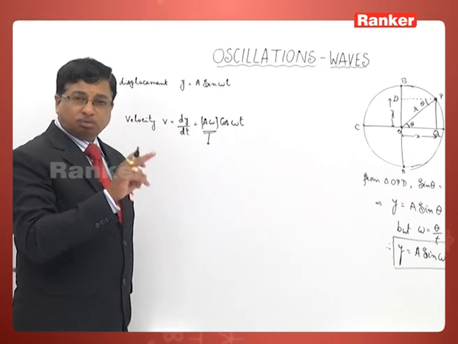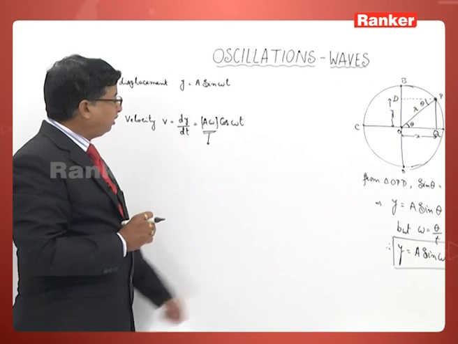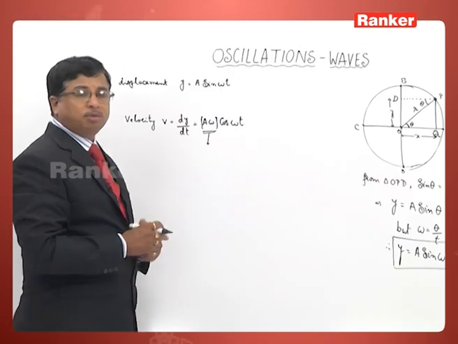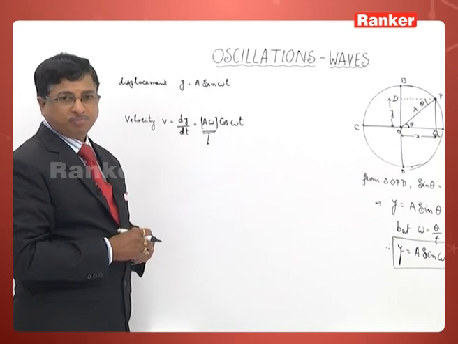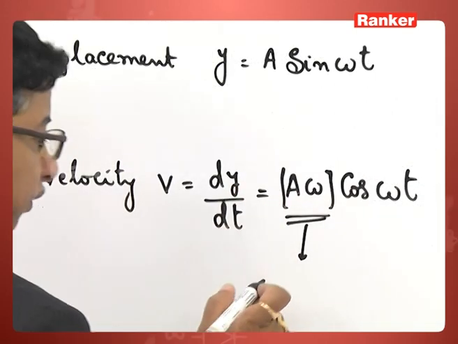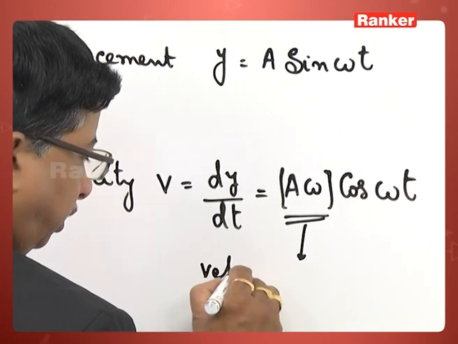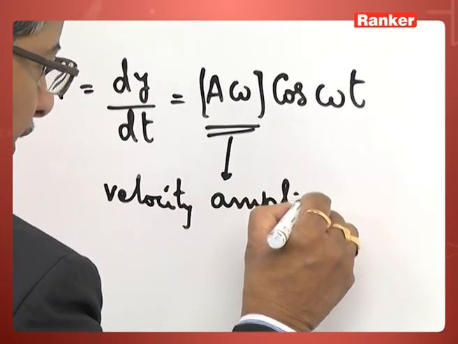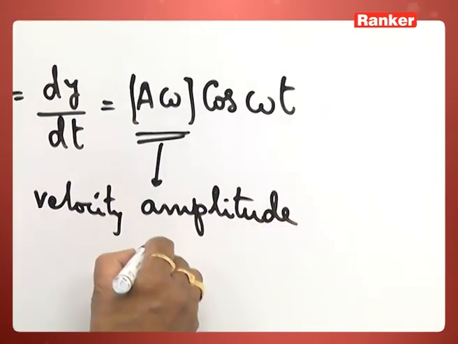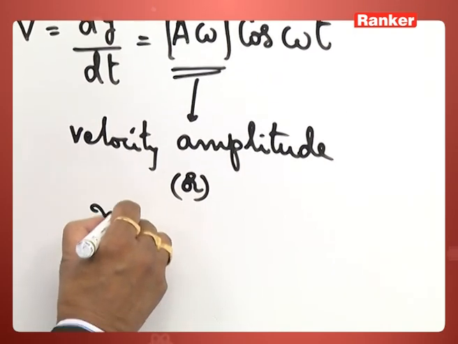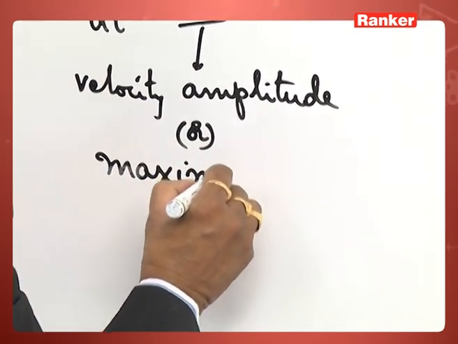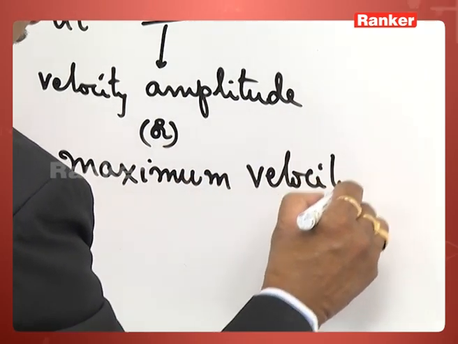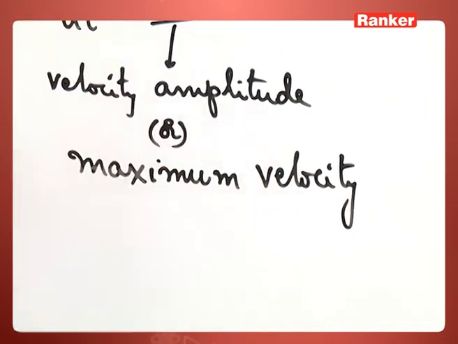The cos function's maximum value is 1. When cos omega t becomes 1, then this itself is going to be the maximum possible velocity of the particle. Therefore, we can write this a omega either as velocity amplitude, that is one way of representation, or you can even call it maximum velocity.